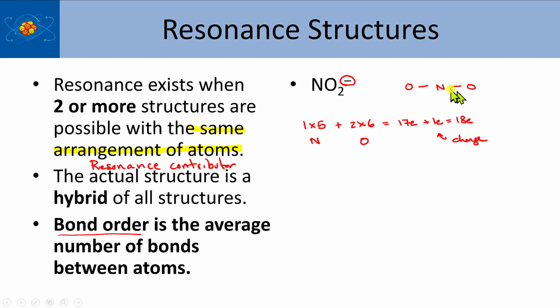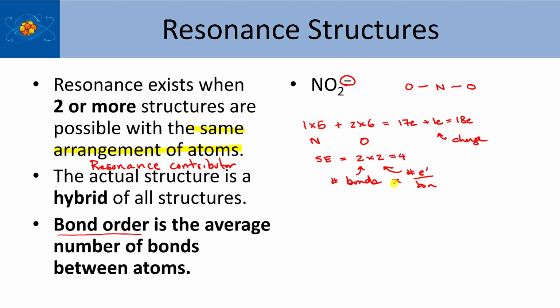So the next step is we need to figure out how many electrons you've already used up. So your skeletal electrons, there's 2 bonds and 2 electrons per bond, so that gives you 4. Okay, so this is number of bonds in the skeleton, and this is the number of electrons per bond.